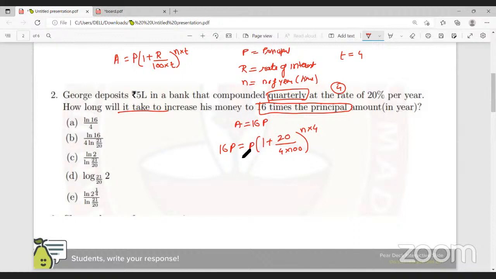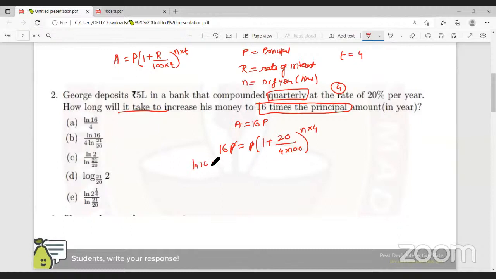Now how to simplify this? I can cancel P, right? So I will get 16 equals (1 plus 20 by 400) to the power n into 4. Now how to simplify this? Anyone? Taking log on both sides.